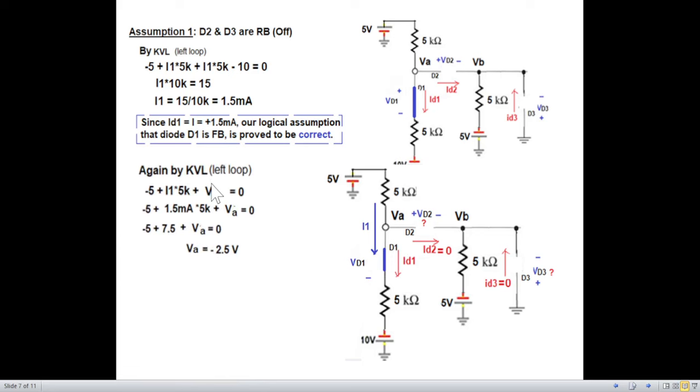Now again by this loop, we want to find VA, so we'll stay up to this point. Minus 5, I1 into 5K plus VA is equal to 0. Putting I1 as 1.5 milliampere, VA is now minus 2.5 volt.